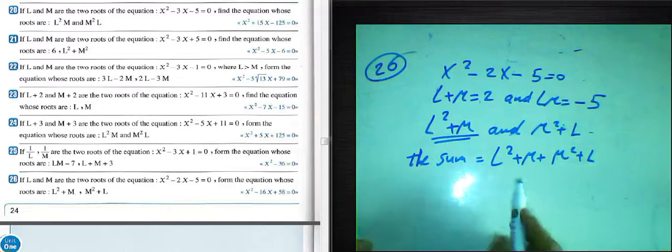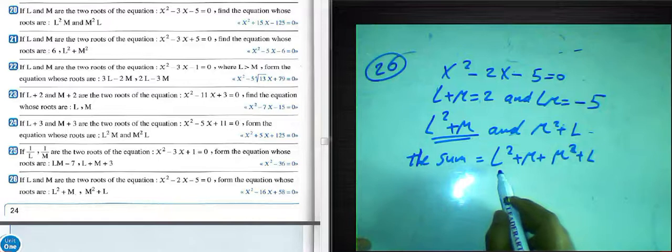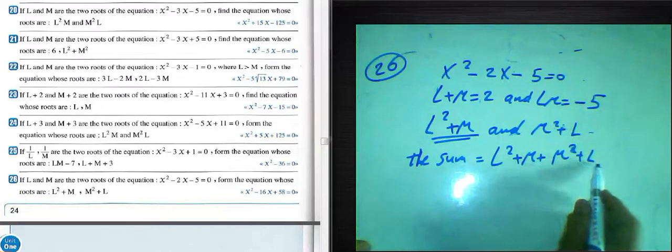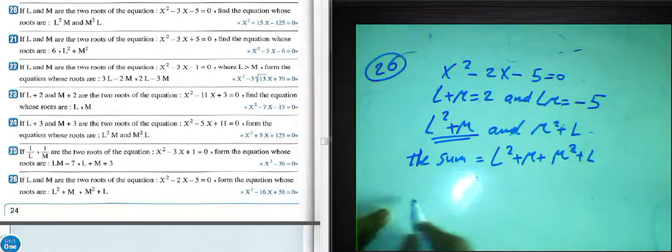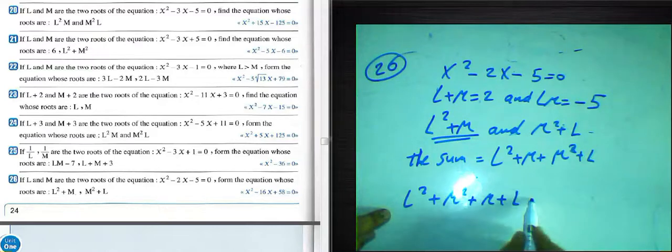Okay, write it again. L power 2 plus m plus m power 2 plus l. We can simplify it: L power 2 plus m power 2 plus m plus l.